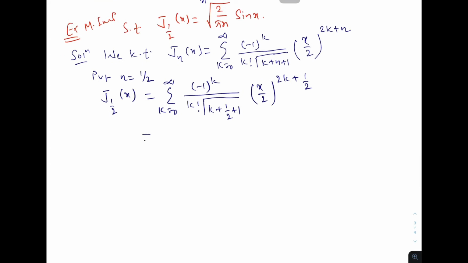Now the series is on k, so we can take this (x by 2) power 1 by 2 outside.